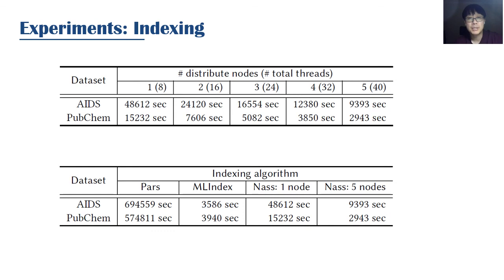ML index could build the indices very fast, while Pars consumed enormous time for indexing. The proposed technique NAS with 5 distributed nodes required reasonable indexing times comparable to ML index.